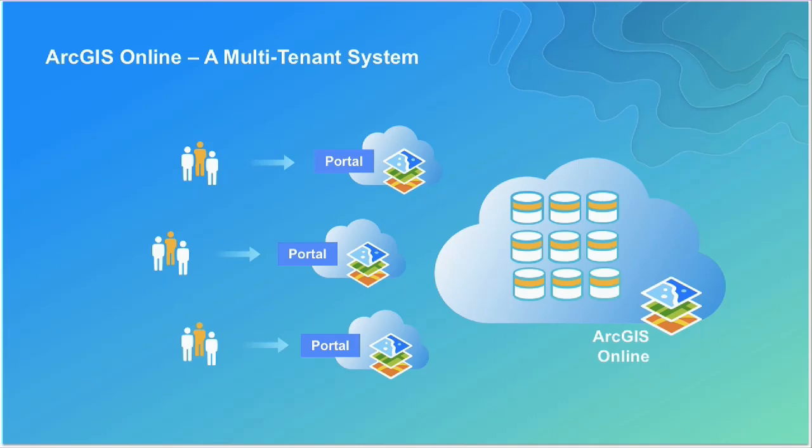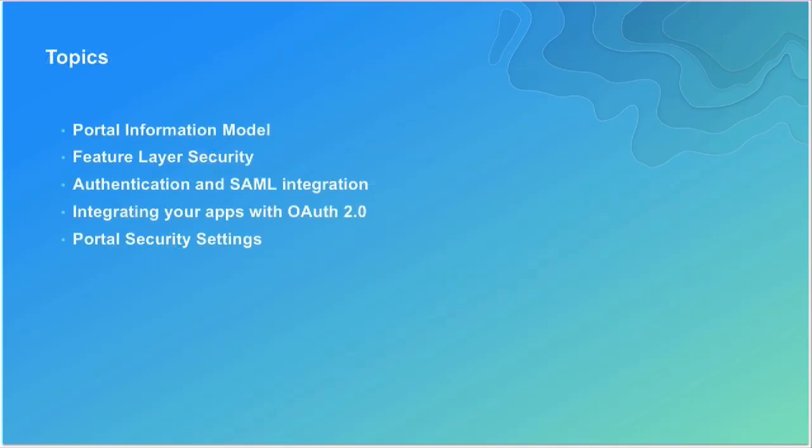We'll also talk a little bit on the developer side about how you integrate applications with ArcGIS Online identity so you can actually enhance your applications to use ArcGIS Online information. And then we'll talk a little bit about other portal security settings that are available to you that have to do with security.